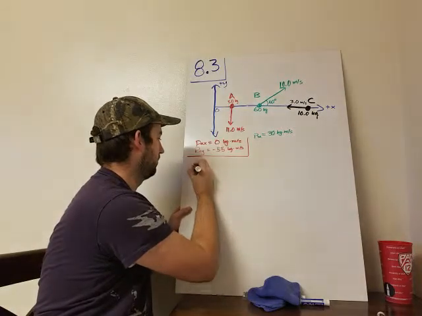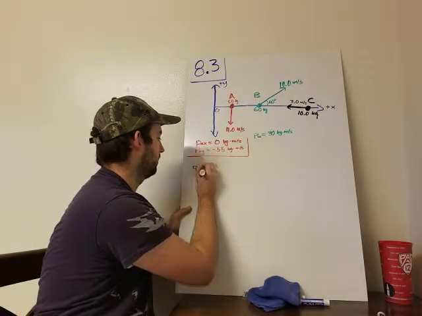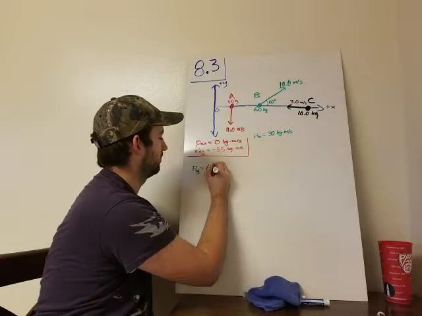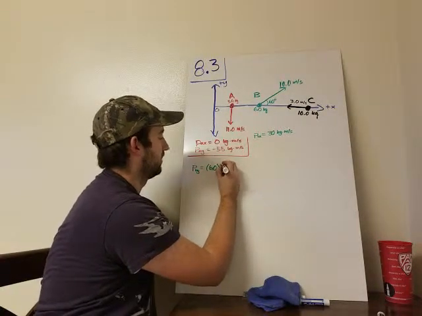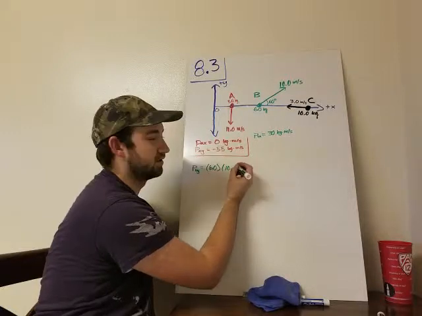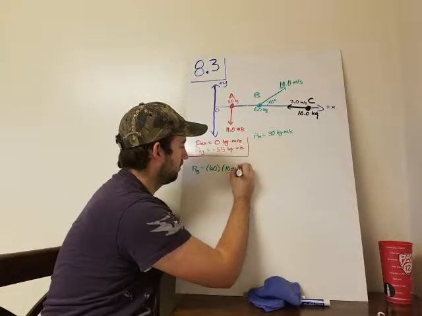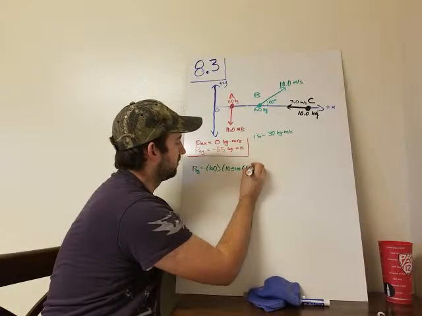So now we'll do the same thing with y. So P By equals the mass, which is still 6, times 10. Since it's the y though, we'll need to use sine of 60 degrees.